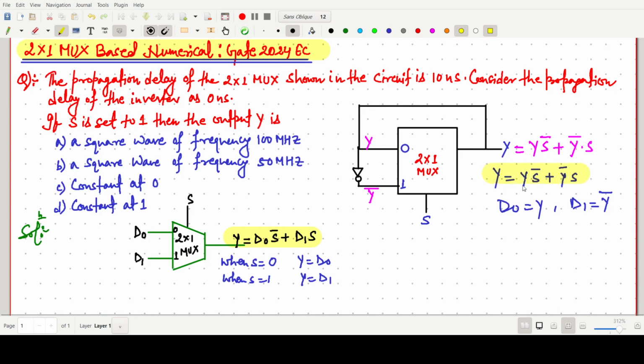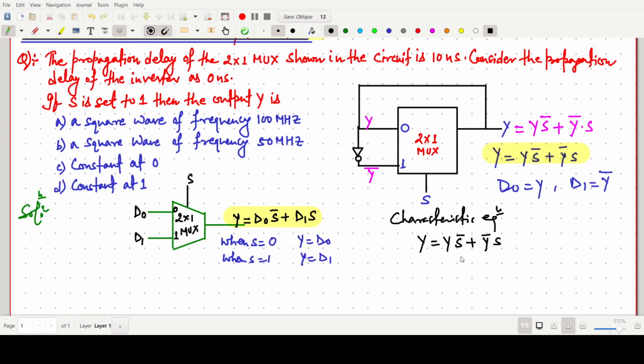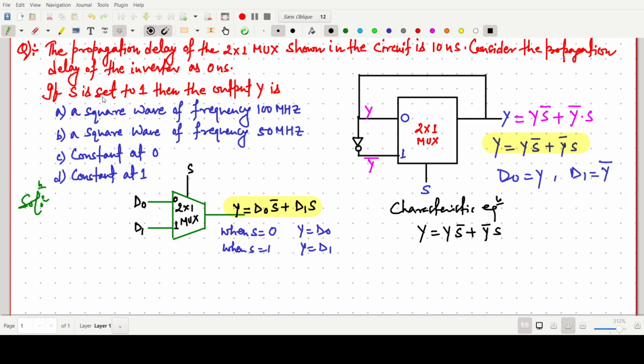If you are able to write this, it becomes very easy. The characteristic equation for this circuit is Y equals Y S bar plus Y bar S. Now in the question it is given that S is set to 1.